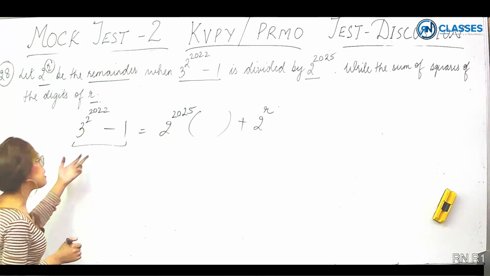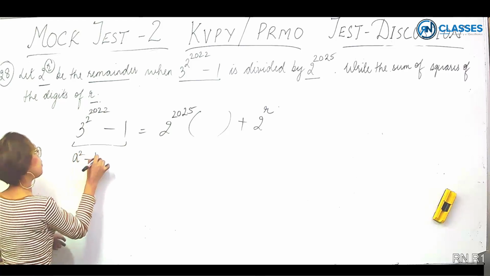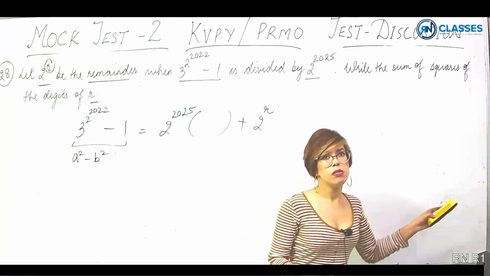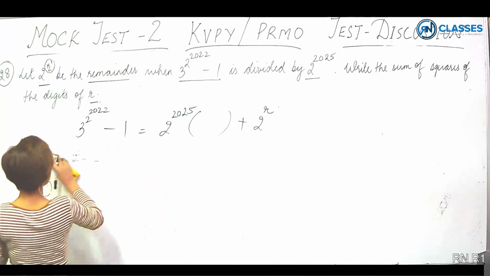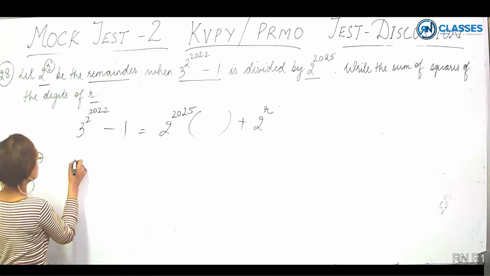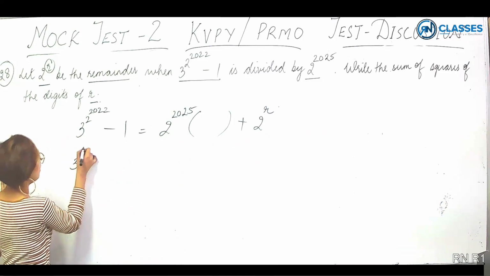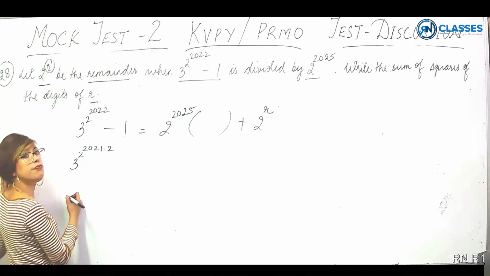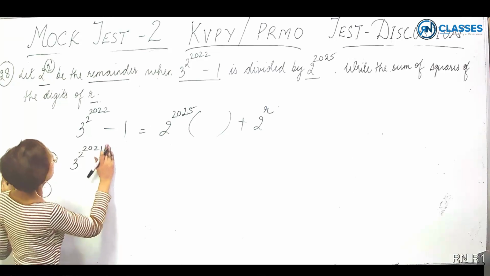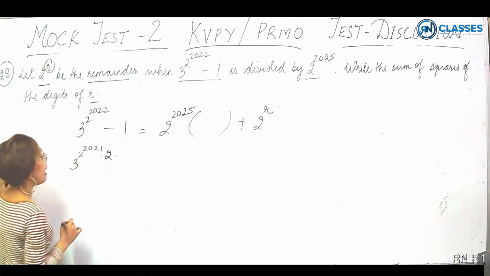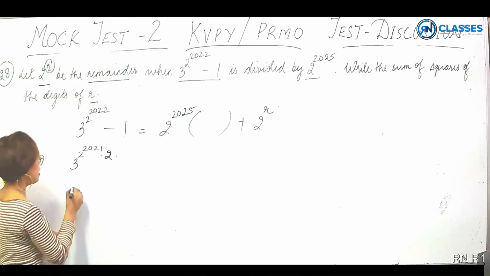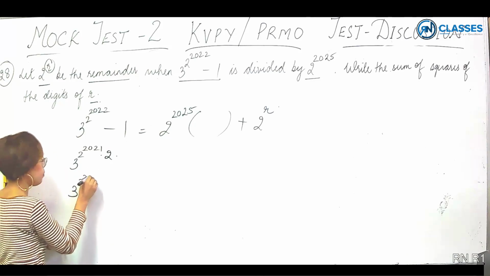Can't you see that this is of the form a square minus b square? I can easily factorize this. No? Let's try it out. So, this is the number. So, I can write this as 3 raised to 2 raised to 21 into 2. I've separated 1, 2 out. Why? Because I can write this as 3 raised to 2 raised to 22.